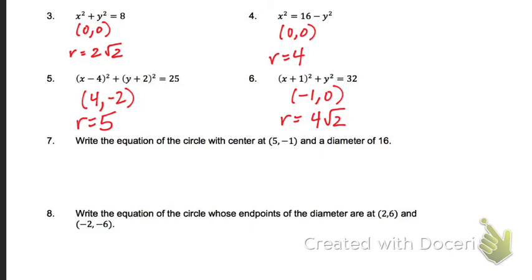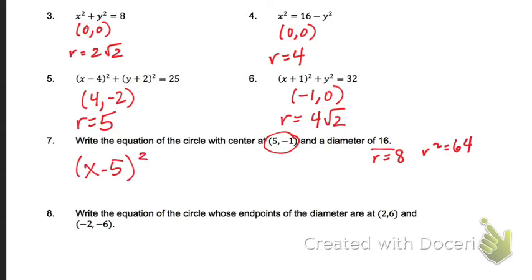Okay, number 7, write the equation of a circle with a center at (5, -1), diameter of 16. Well, we don't put diameter in the equation. We put radius. So radius would be 8, and then r squared would be 64. So my equation would be (x - 5) squared plus (y + 1) squared equals 64.